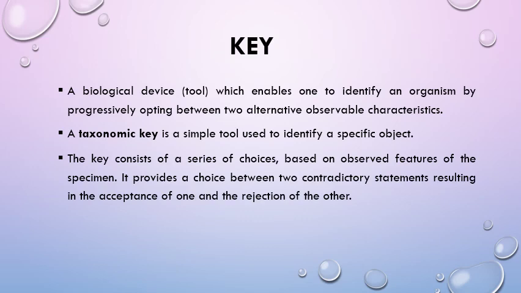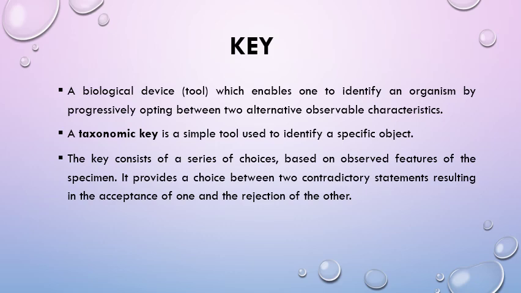First of all, what is a key? A key is a biological device which enables one to identify an organism by progressively opting between two alternative observable characteristics. A taxonomic key is a simple tool used to identify a specific object.